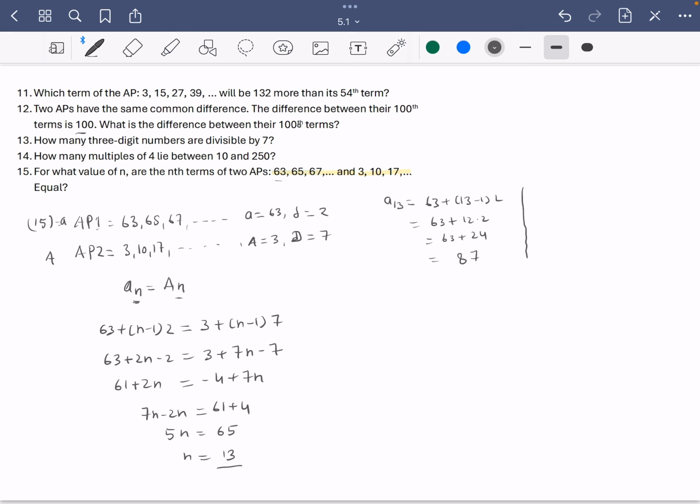And for the second AP, a13 is going to be 3 plus n minus 1, 13 minus 1, times 7, 3 plus 12 times 7, 3 plus 84, 87. Yes, so it's the 13th term, where the 13th term in both the APs have the same value.